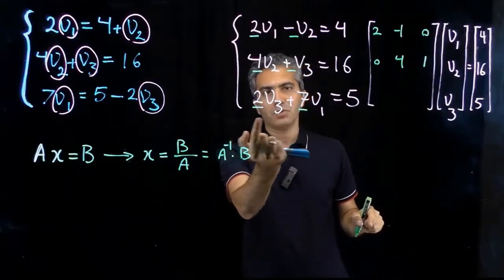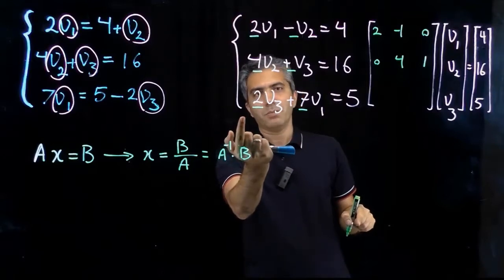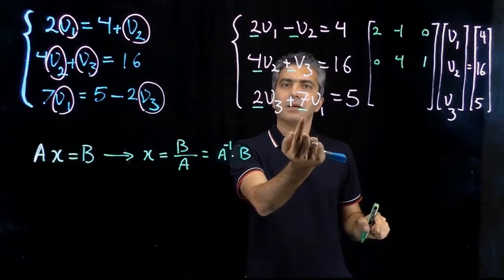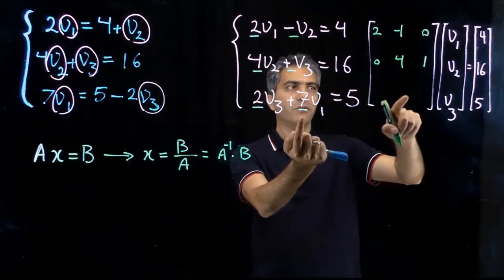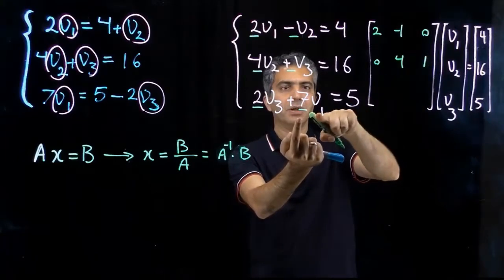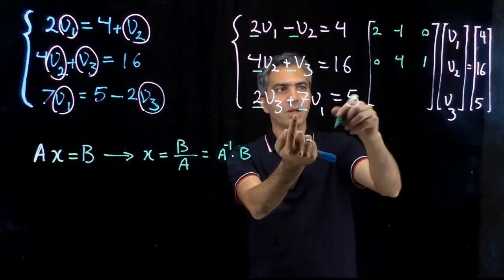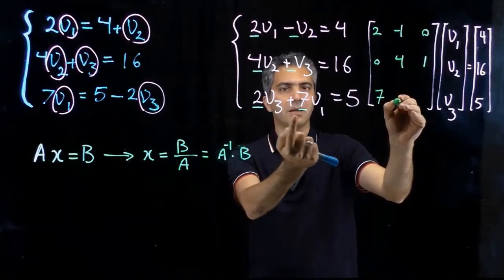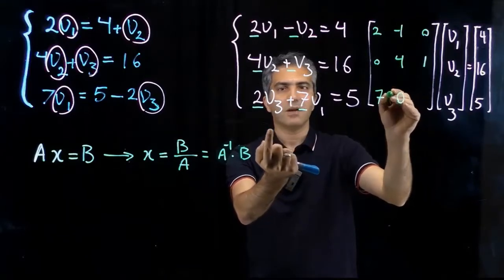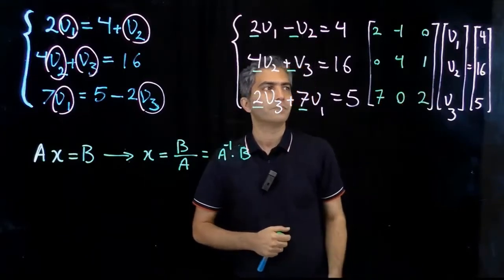You either make sure that the order is properly done, or if you haven't made that arrangement, then you have to be careful when you're taking the multiplier. You have to take the multiplier for v1 as the first number that you put here, and then second v2 doesn't have a multiplier, and finally 2.